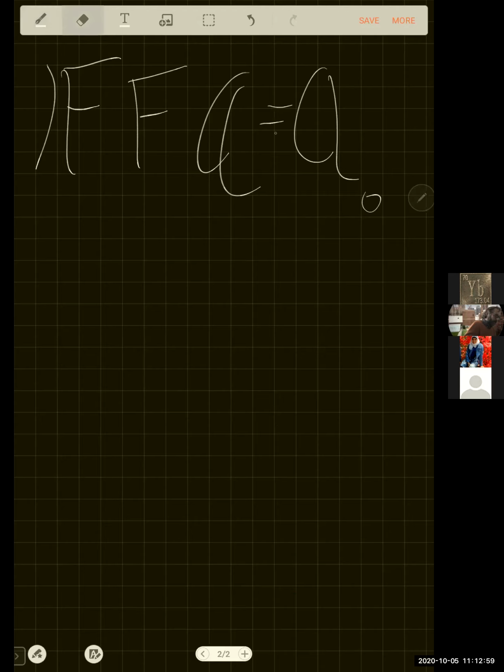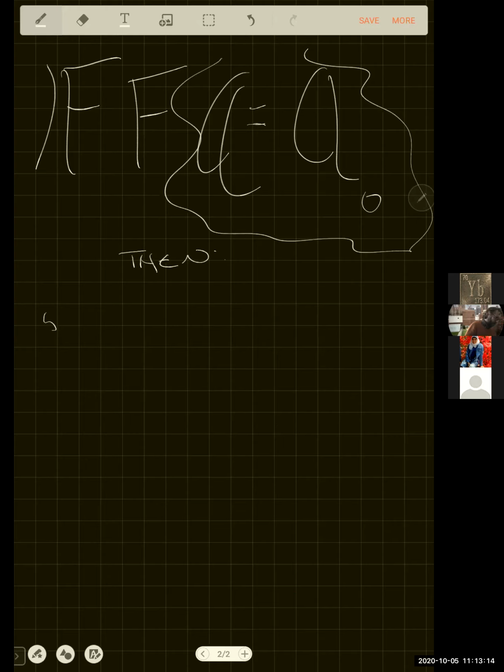This is supposed to say if lowercase a equals lowercase a naught. So if acceleration is a constant, that's the condition, then equation number 5 is true.